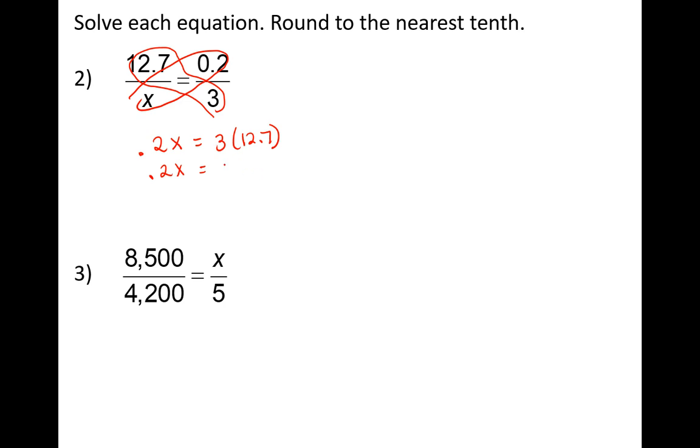That is 38.1. And then we divide by 0.2 to get x by itself. That's going to give me x equals 190.5.